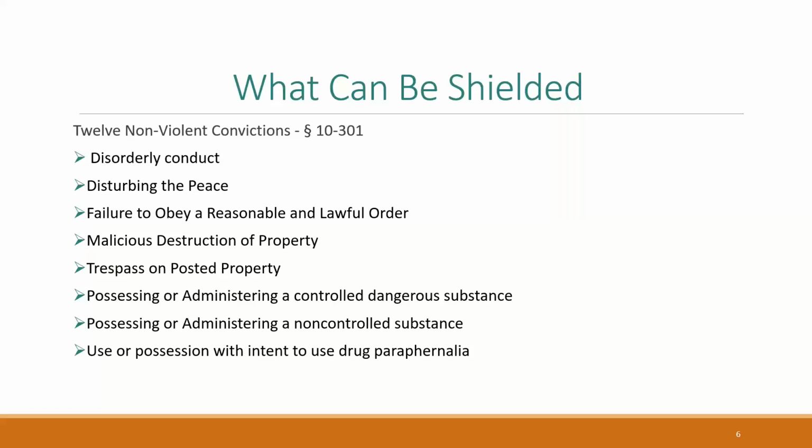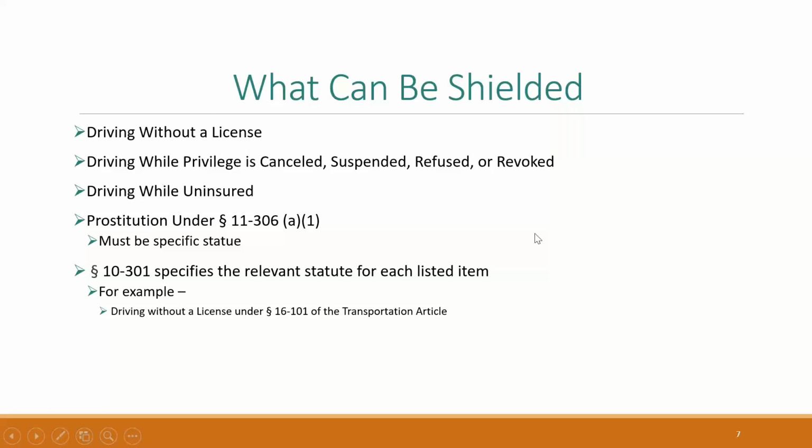So you'll see things that are generally considered nonviolent crimes, things like drug possession, things like destruction of property, disturbing the peace, trespassing, and there are also some driver's license type of violations that could potentially be shielded as well, along with a certain charge for prostitution.